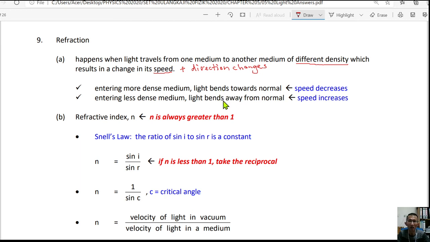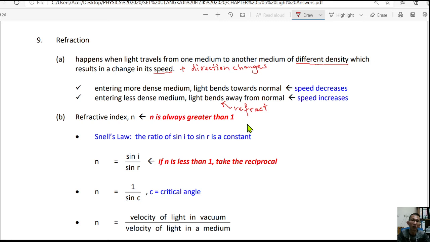This bending, you can change this word with refract. Refracted away from the normal if it enters a less dense medium. Entering a less dense medium, the speed will increase.